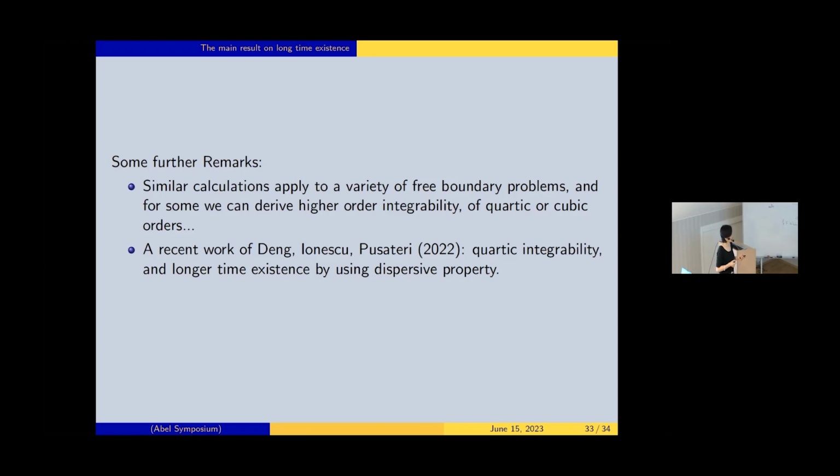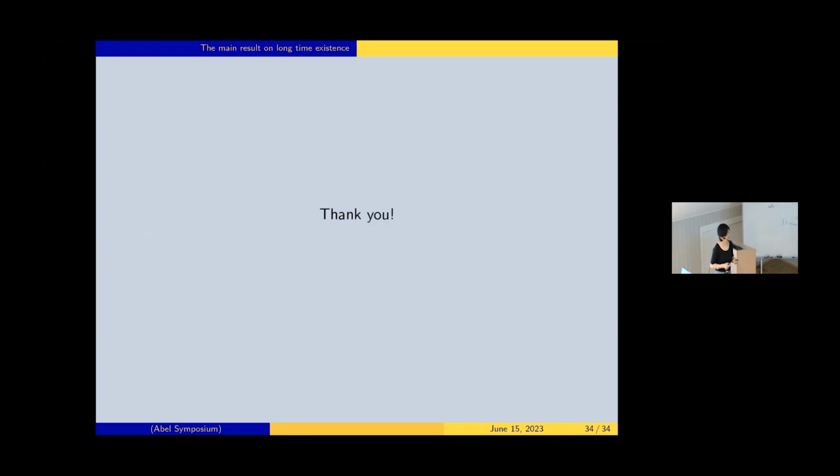They also have a long time existence, I think to epsilon to the minus 6, I just checked, by further using the so-called Zeno-Strichartz estimate. So by further using dispersive properties, they can push the existence a little longer. But without using dispersion, they also get epsilon to the minus 3. So, thank you.